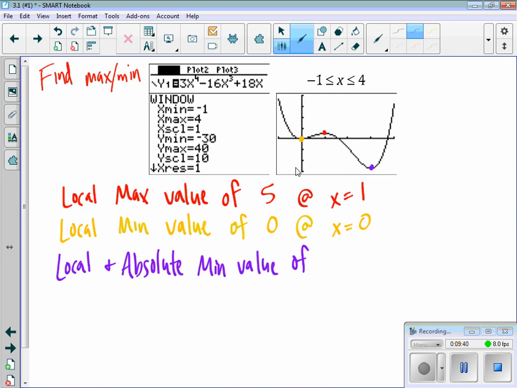But obviously, it'd be something where you could just look at the graph if this was in your book or on the AP test, or you could put it in your calculator to find that if you needed to. Okay, local and absolute min value of -27 at x equals, looks like 3, right? So any questions on that one?